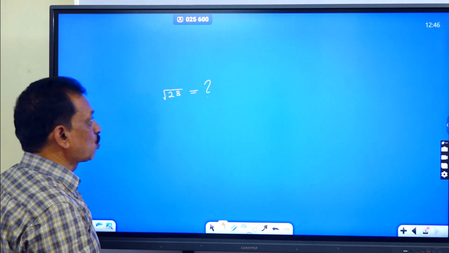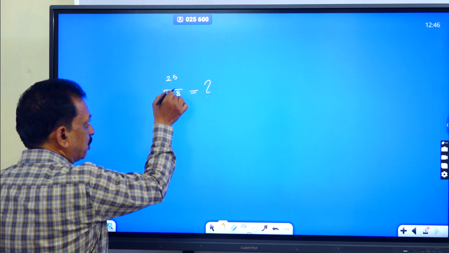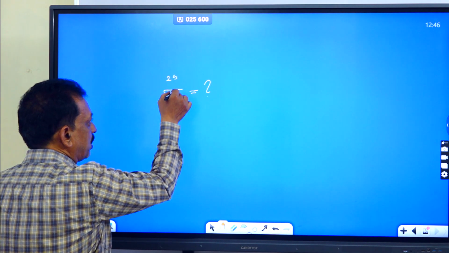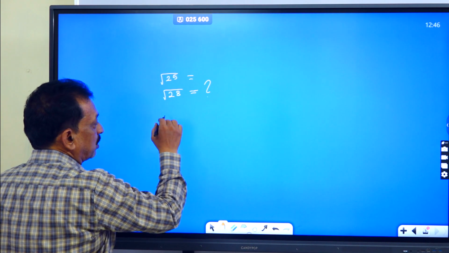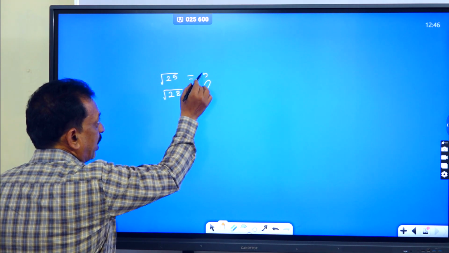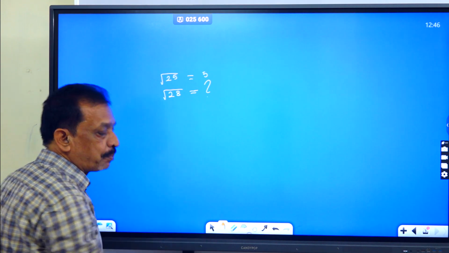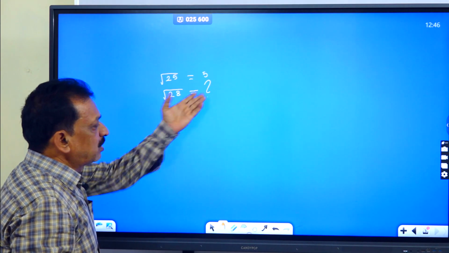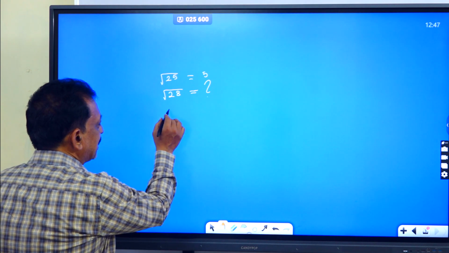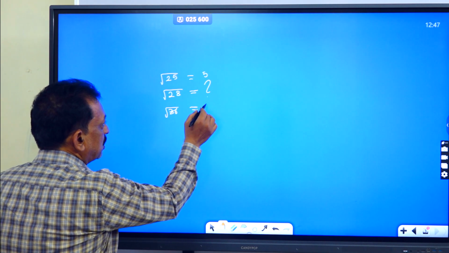You know the perfect square before this number. Before 28, the next smaller perfect square is 25. The square root of 25 is 5. Next, whichever number forms the next perfect square, that we will take. After 5, 6 will be there. So 36, root 36, that is 6.